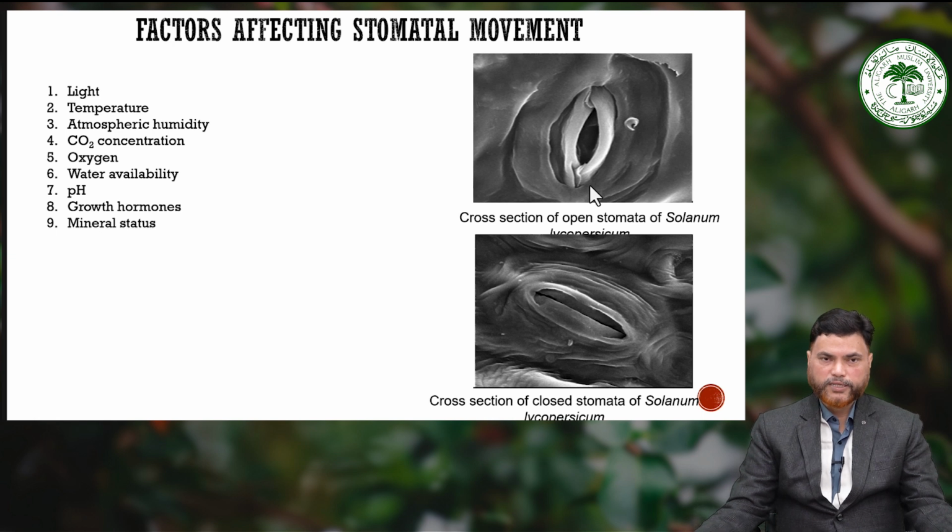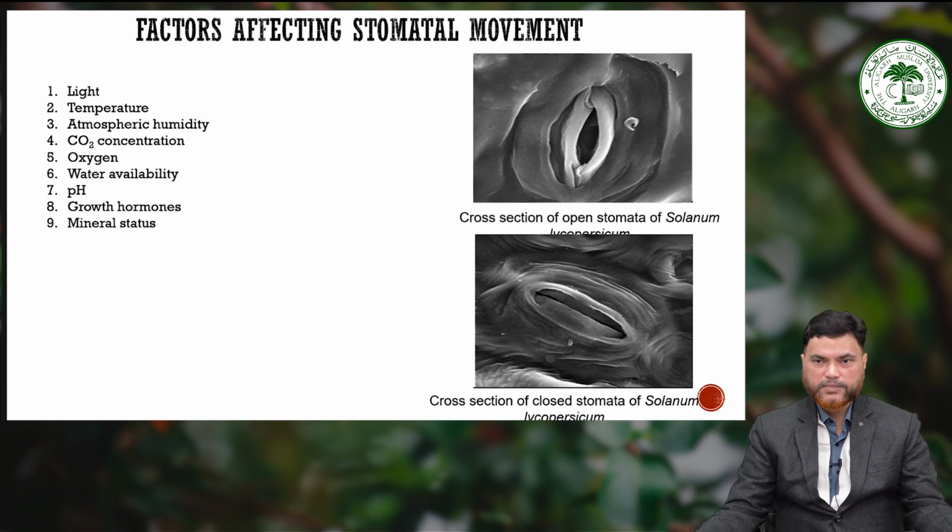Now, as I mentioned, stomatal movements are influenced by a number of external and internal factors. The environment surrounding the plants is very dynamic and keeps changing, so in response to these factors, stomatal apertures also adjust accordingly.